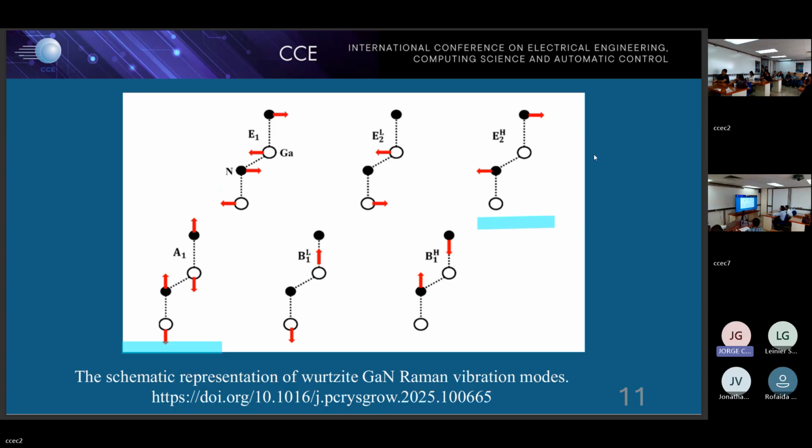The E2 high is the vibration transversal to the z-axis of the hexagonal cell, and the A1 longitudinal optical mode is along the z-axis, with the nitrogen atoms on one side and the gallium atoms on the other side. The modes that are most important and most reported for this material are very clear. Next, please.